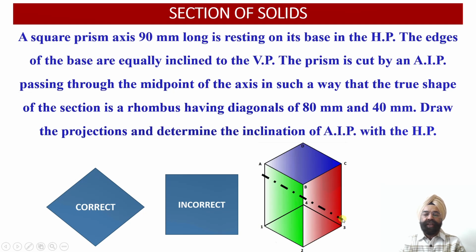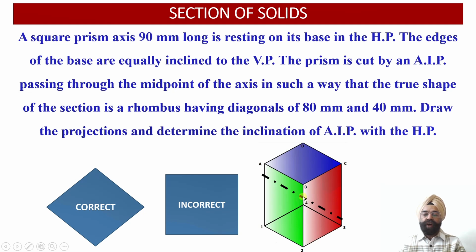So once we are able to identify the midpoint in the front view projections, then using this midpoint as the center point, we are going to mark 2 arcs onto the extreme vertical edges over here, A1 and C3, such that the distance from point M to the first point of intersection on the vertical edge A1 should be 40 millimeter.